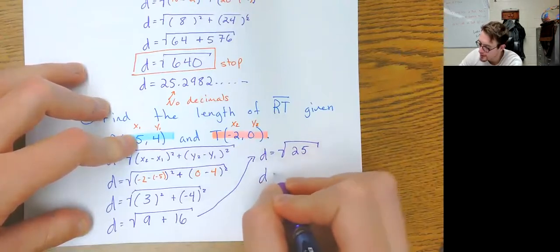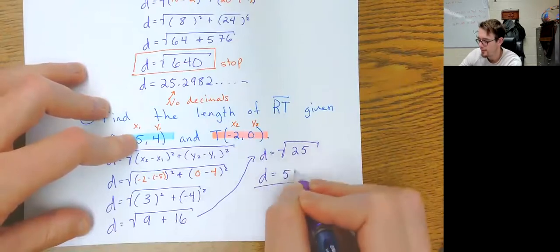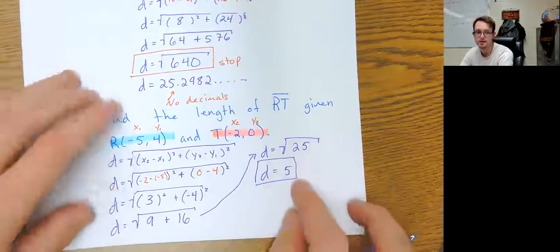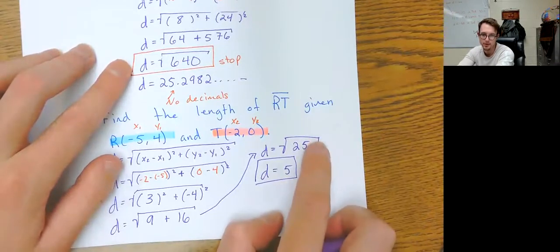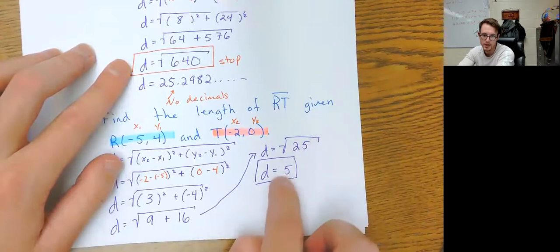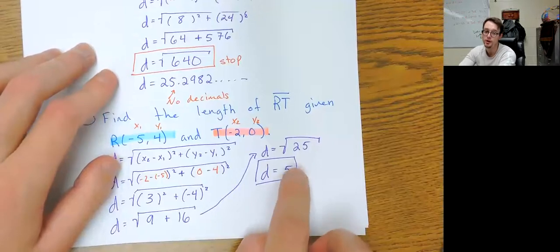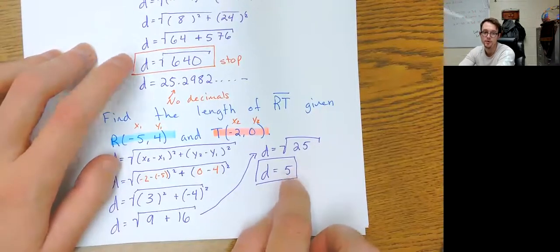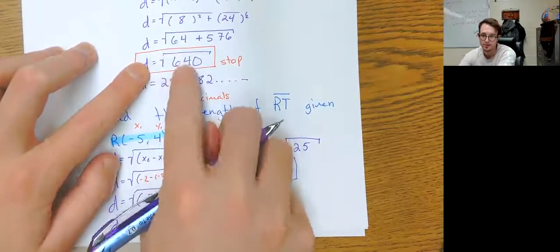And hopefully everybody knows what the square root of 25 is. 5. So do you see the difference? This time I didn't stop at the square root because that doesn't have any decimals. So if you get a whole number, you answer with the whole number. But if you get a decimal, then you answer with the square root.